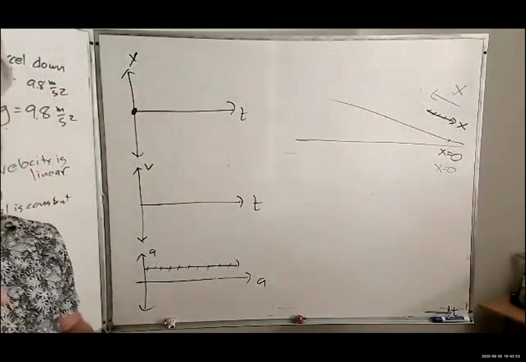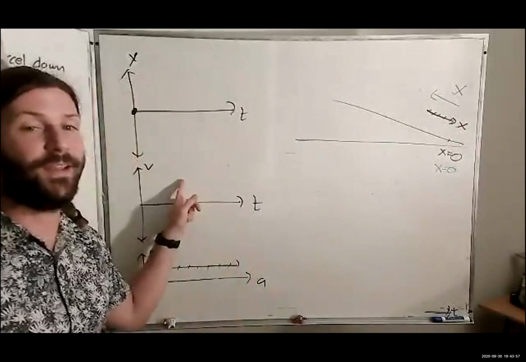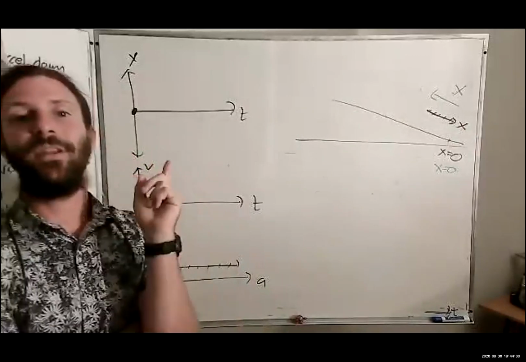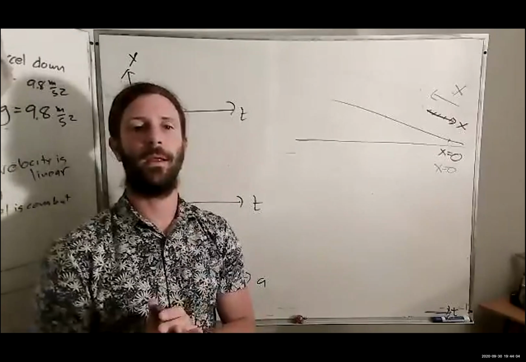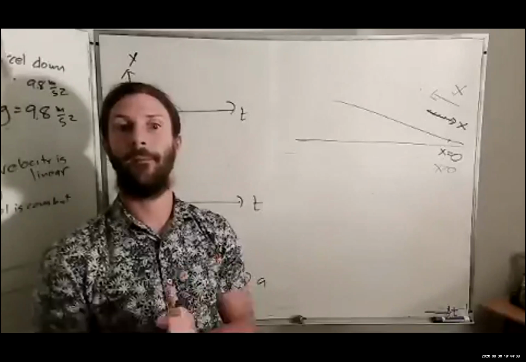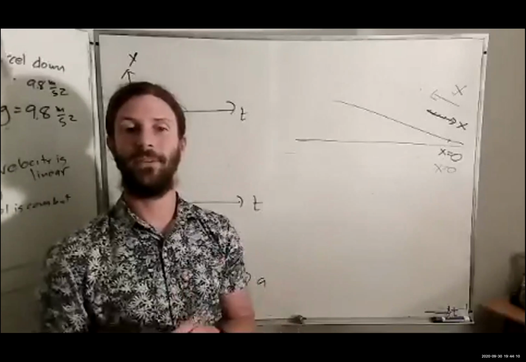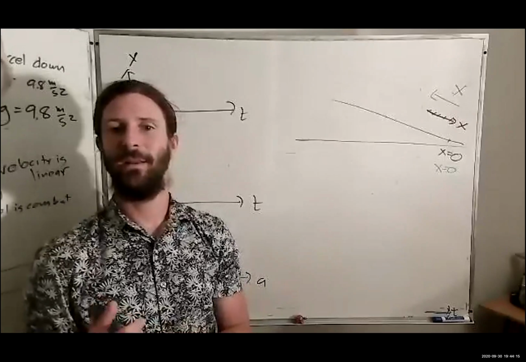Okay, now here's a tricky one. Velocity is kind of the hardest one. Is velocity constant or does velocity change? What do you all think? Any guesses? I think C for changing.